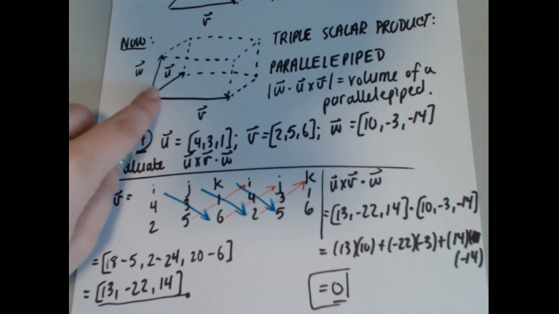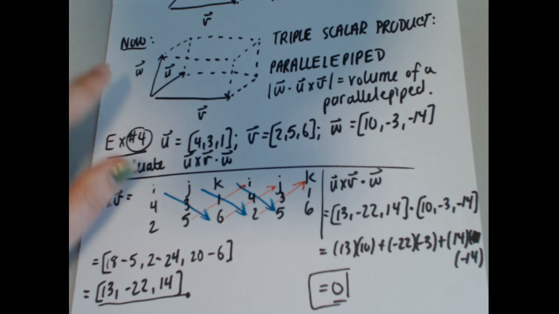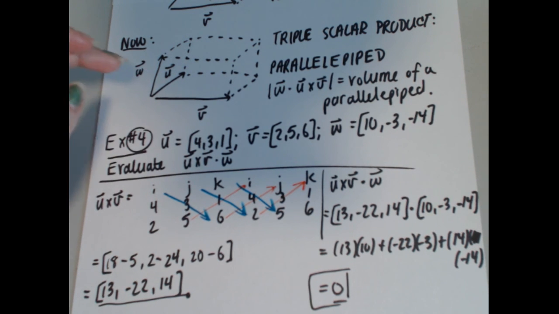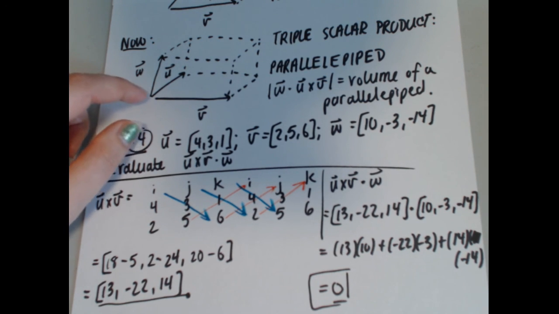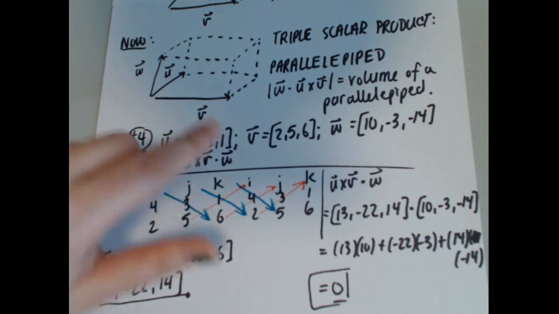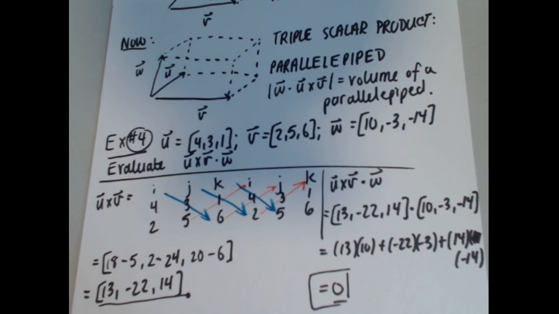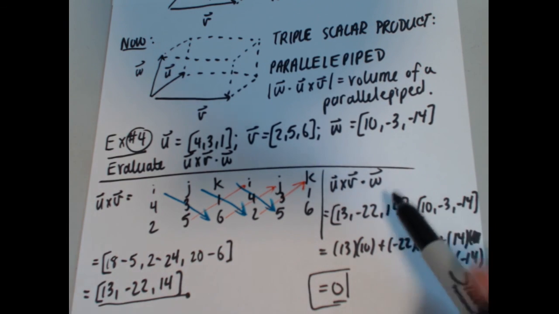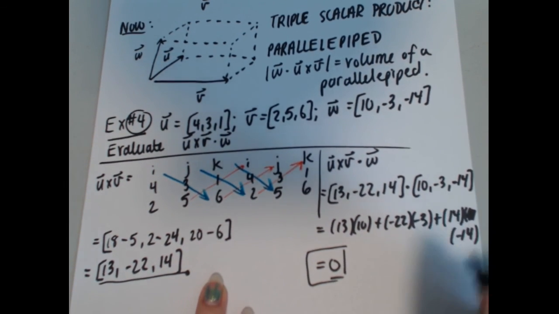It can be vertically up or vertically down. If w is perpendicular to that, you're going to get 0. That would mean that w is most likely originally in the plane of u and v. We won't get into planes until chapter 8, but I just wanted to put that out there. What you need to understand is that if it's 0, the volume is 0. That means that w was perpendicular to u cross v.